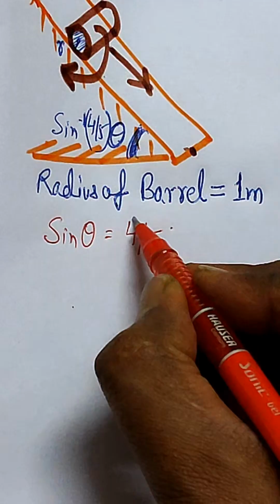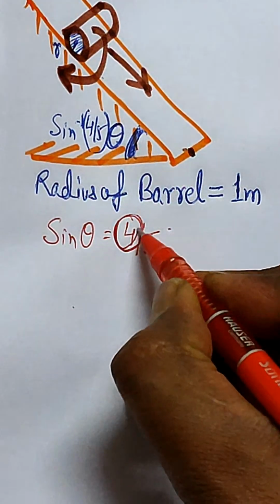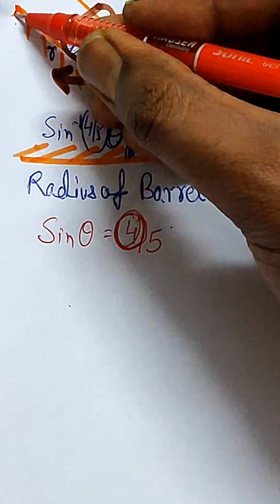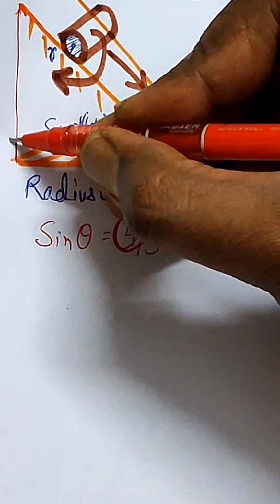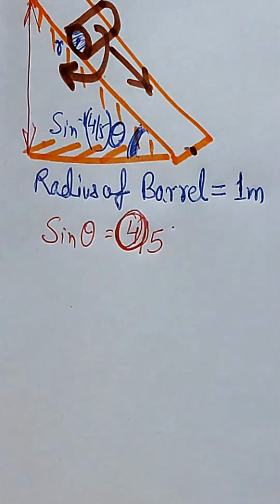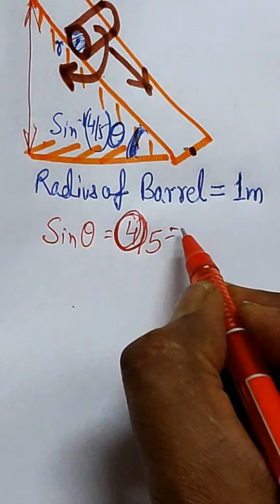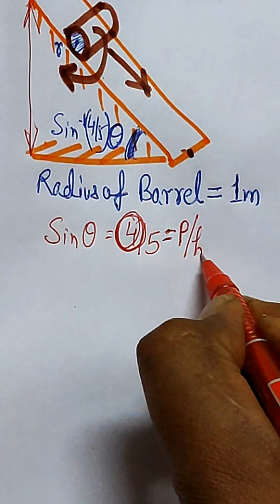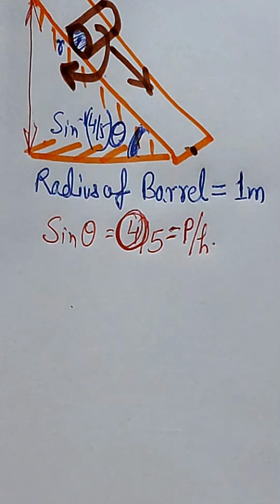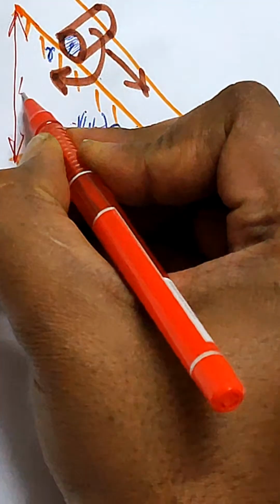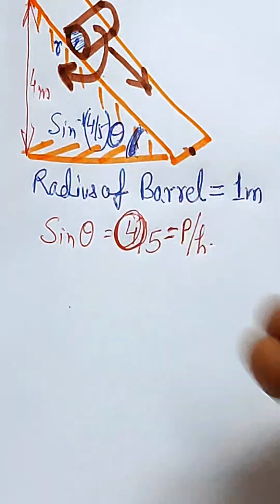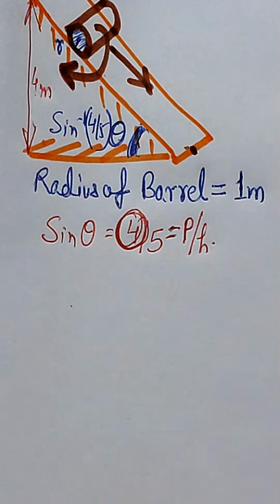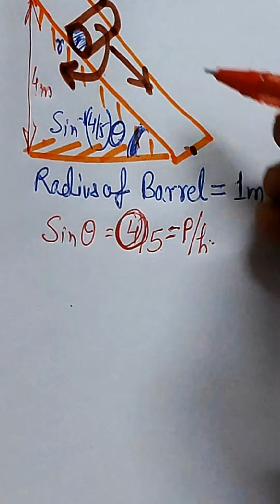That means this 4 is your perpendicular. In trigonometry, the ratio of perpendicular to hypotenuse is your sine theta, right? So this is 4 meter, which is your perpendicular, and the hypotenuse is 5.